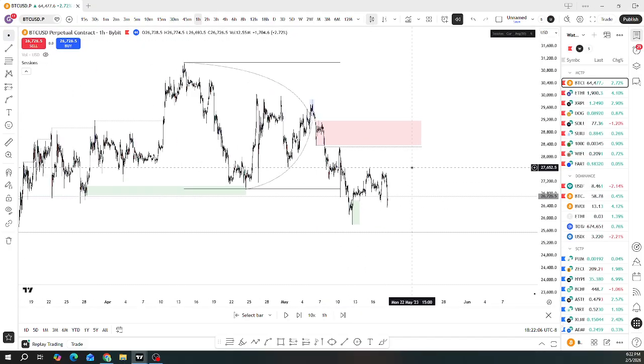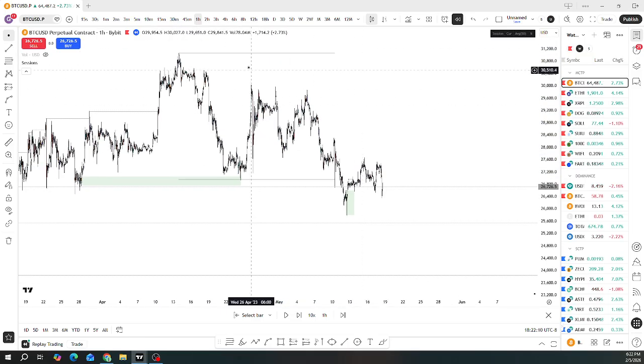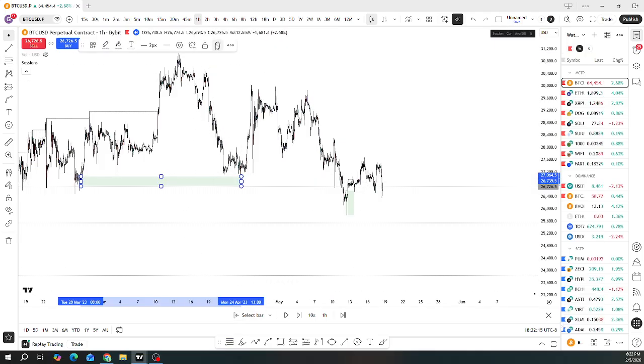You know what we could be having here on Bitcoin. Let's see, how does this look?